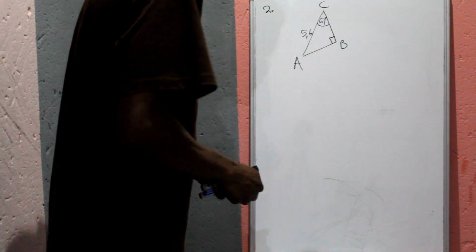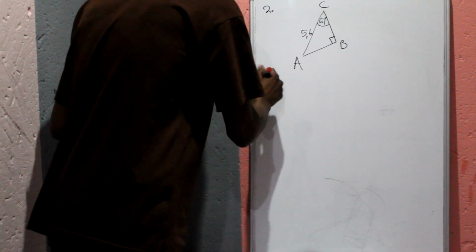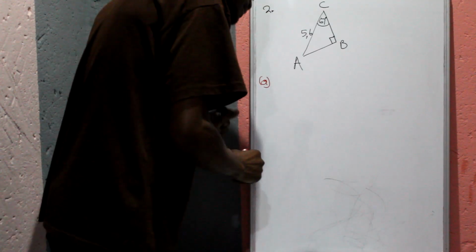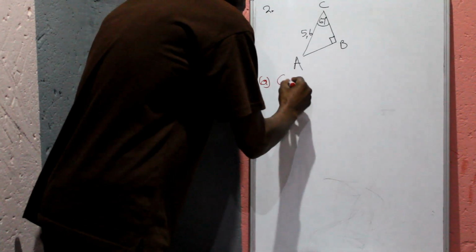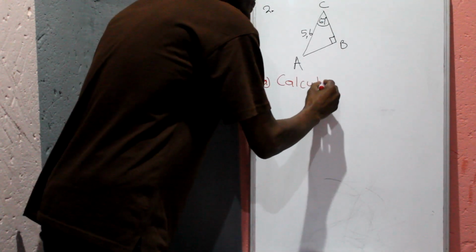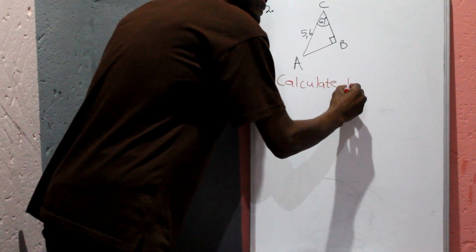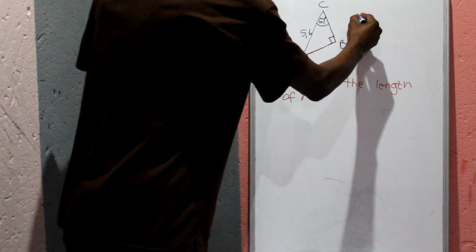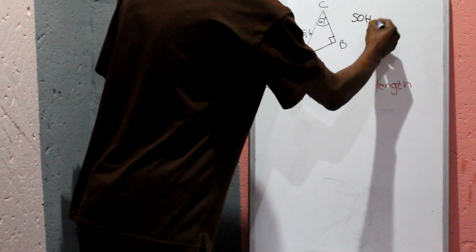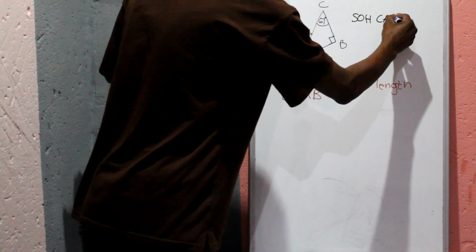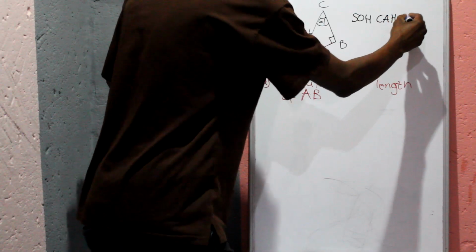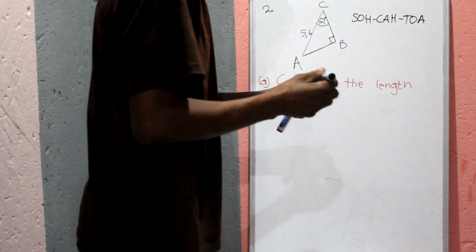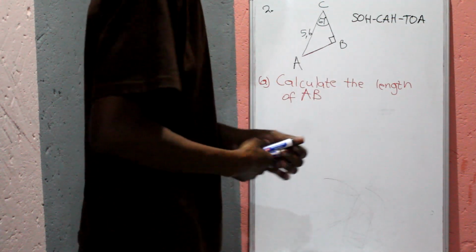Now, the first question, which is A, requests us to calculate the length. The acronym SOH CAH TOA already gives us the relationship we're looking for.